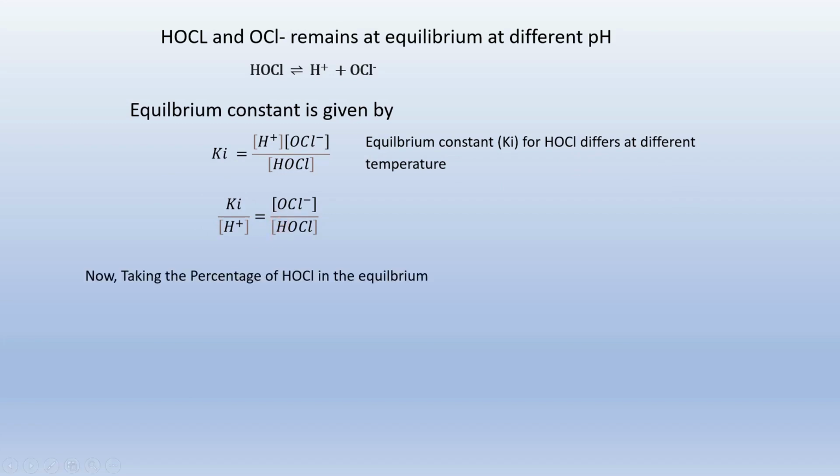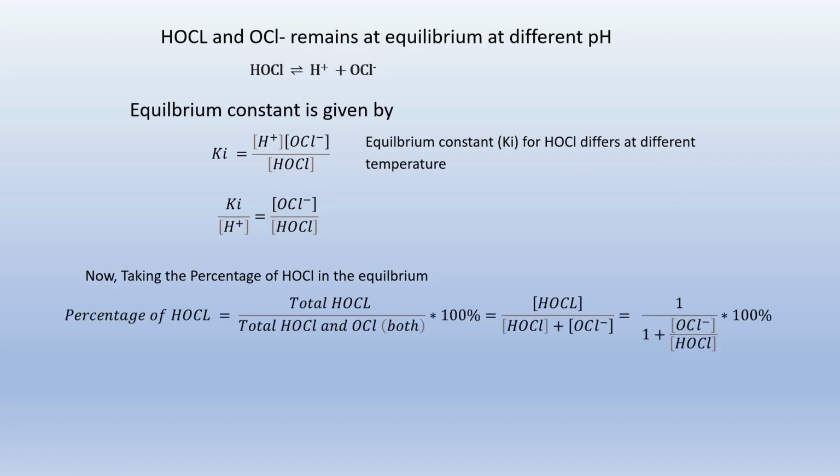Now, taking the percentage of HOCl in the equilibrium, the percentage of HOCl is given by the total HOCl divided by the total HOCl and OCl- both, into 100%, which is HOCl divided by HOCl plus OCl-. Again, rearranging, we get 1 by 1 plus OCl- divided by HOCl, into 100%.